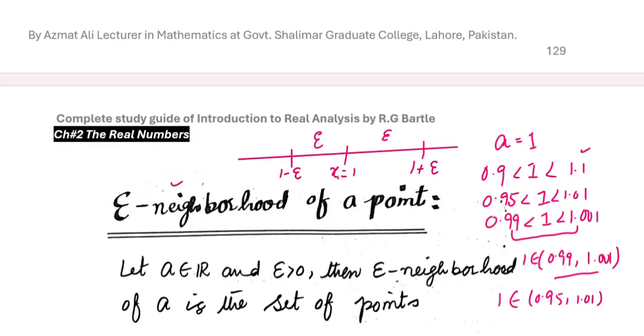So this interval 1 minus epsilon to 1 plus epsilon is also a neighborhood of this point x is equal to 1, and this is called the epsilon neighborhood. So actually epsilon neighborhood is a neighborhood of a point when you consider all of the points at some epsilon distance.